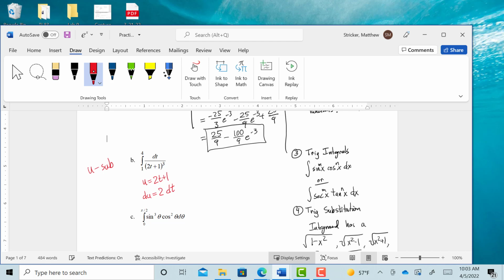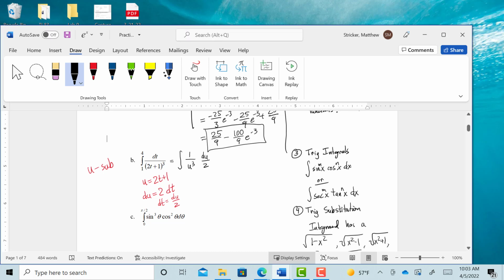We get the dt. So we just get a factor of 1/2 because dt equals du over 2. And so we can rewrite this, right? We get 1 over u cubed, and in place of dt, we have du over 2.